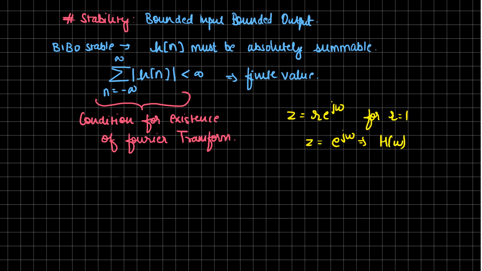Therefore, for the stability or the existence of the Fourier transform of the impulse response of the system, the region of convergence must include all the points that are at a distance of r equal to 1, or in other words, the region of convergence must include the unit circle.